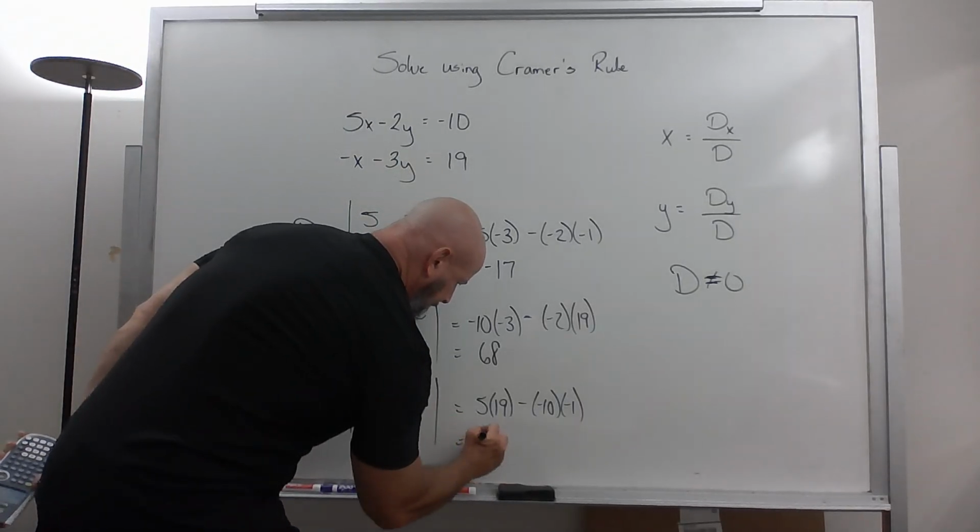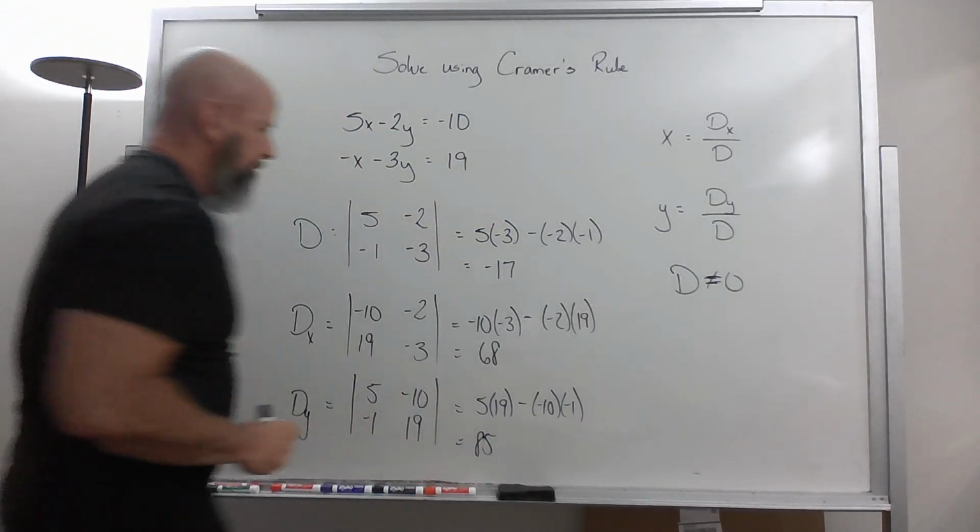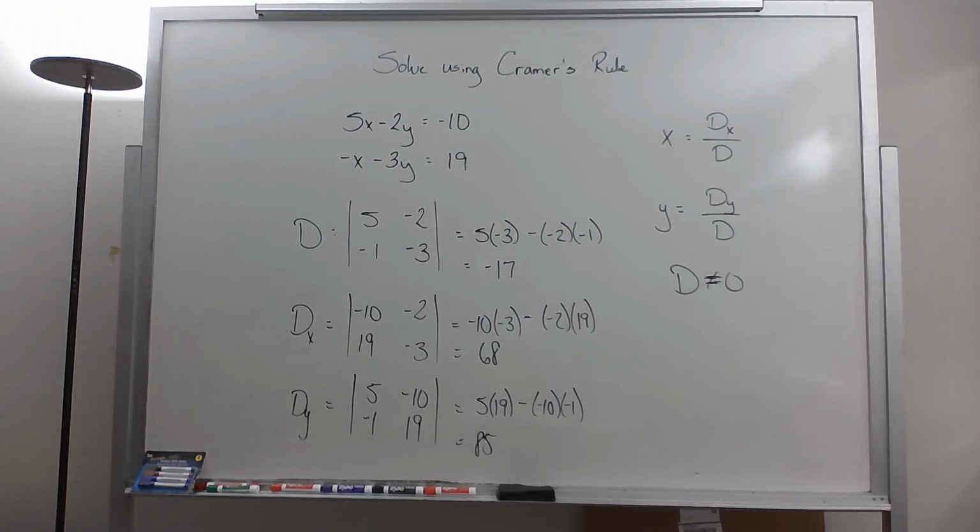And so 85. So we have our values for D, our base determinant, being -17, our value for D sub x, determinant with respect to x being 68, and the value of D with respect to y, which would be 85.